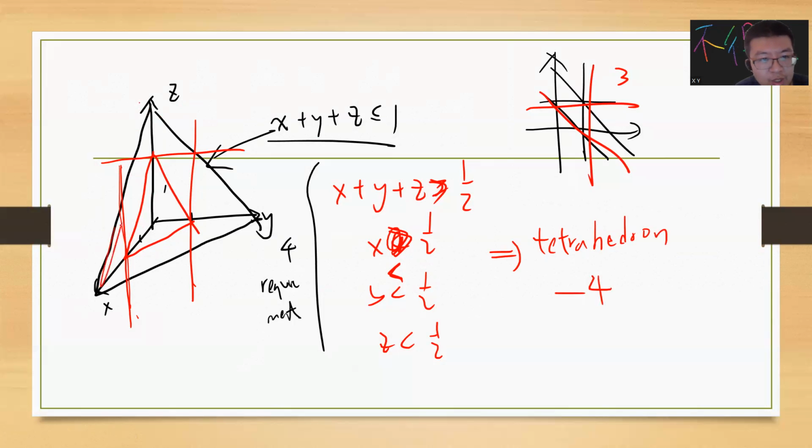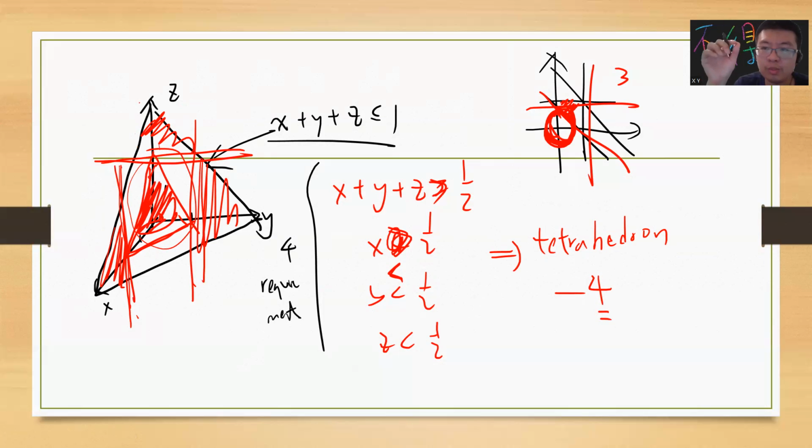You can see that there is one region you need to subtract, this region you need to subtract, this region too, and there is also a region that is close to the origin. So you need to subtract 4. I hope you see why there are 4: the upper one, this one, and also the point that contains the origin. So minus 4 small tetrahedra.